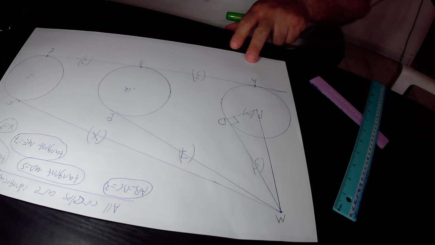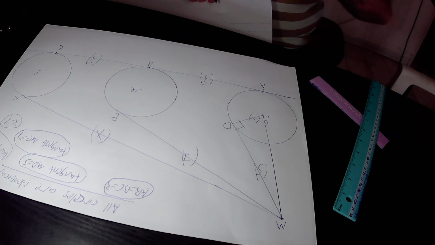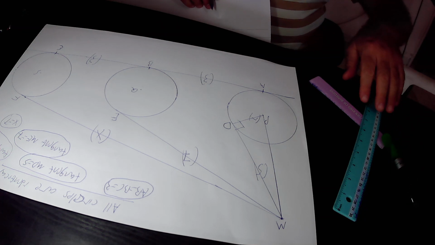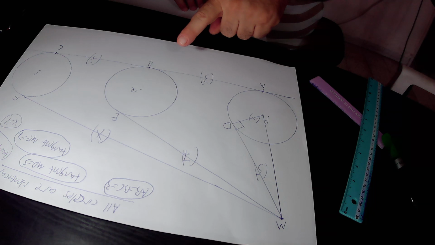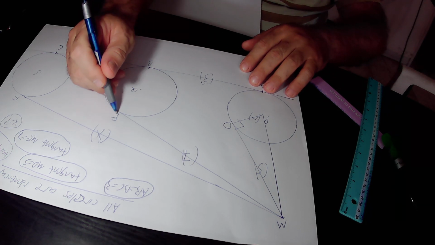We repeat the same process on this middle circle. That is to say, we join points Q and E together by a straight line.